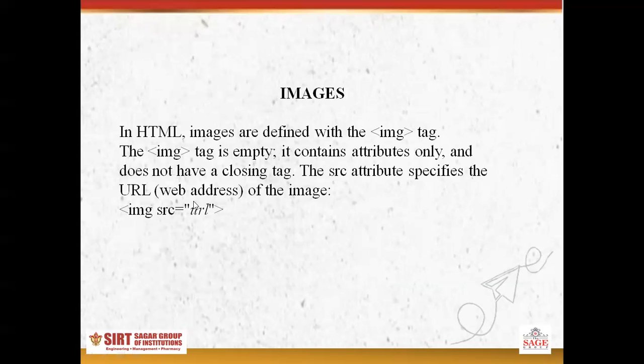Next concept is image. In HTML, images are defined with the img tag. The img tag is empty, it contains attributes only, and does not have any closing tag. The src attribute specifies the URL or web address of the image.